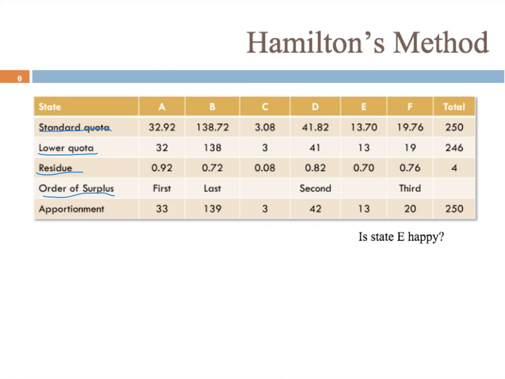Only problem with this is, if you notice, there's some states that are left out of the surplus seats, right? They didn't get an extra seat in the end. And with state C, that makes sense. I mean, 3.08, that's much closer to the 3 than it is to 4. But for state E, 13.70, traditionally that would round up to 14, so maybe not the most fair thing, but that's just the way it works out.